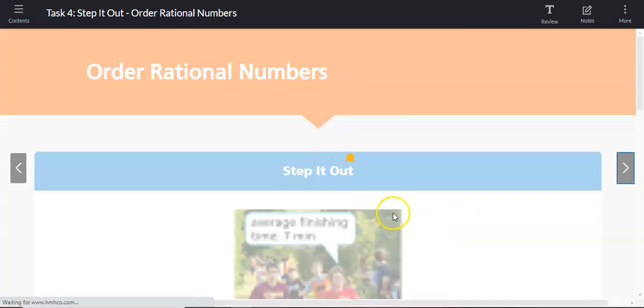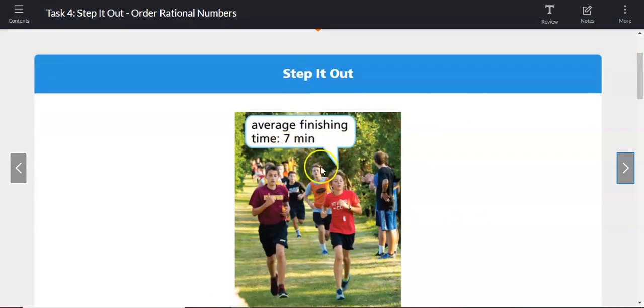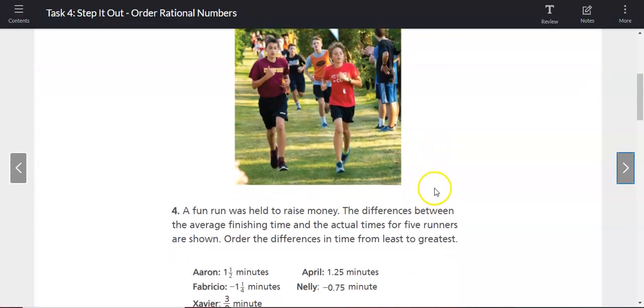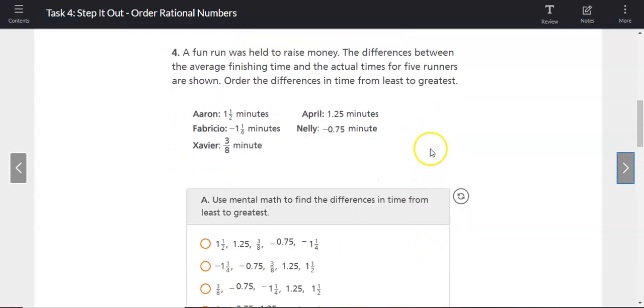Okay, we're on task 4, step it out. So averaging finish time 7 minutes. A fun run was held to raise money. The differences between the average finishing time and the actual times for 5 runners are shown. Order the differences in time from least to greatest. So Aaron, 1.5 minutes.